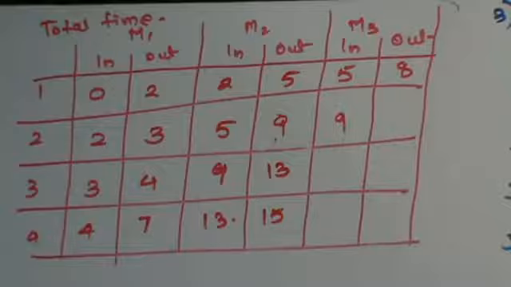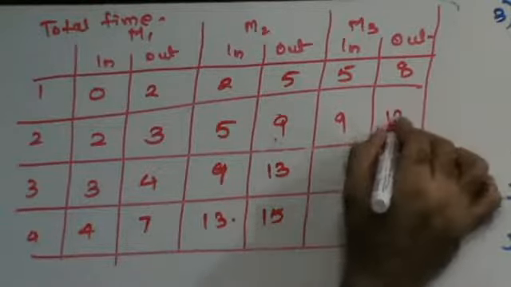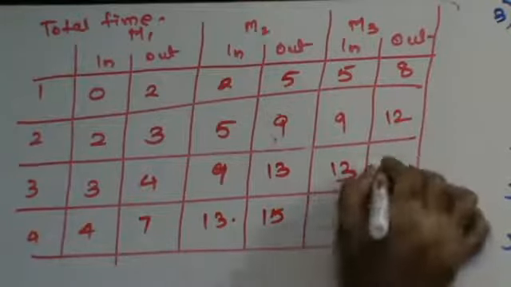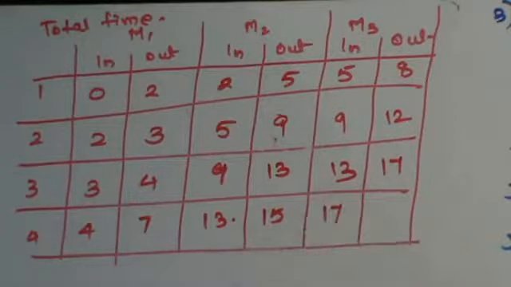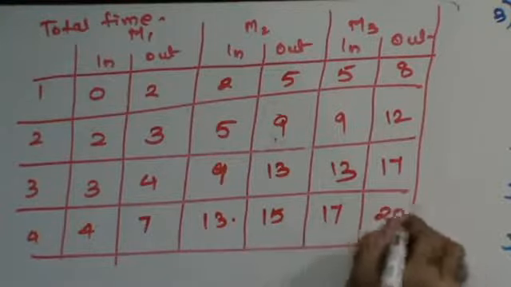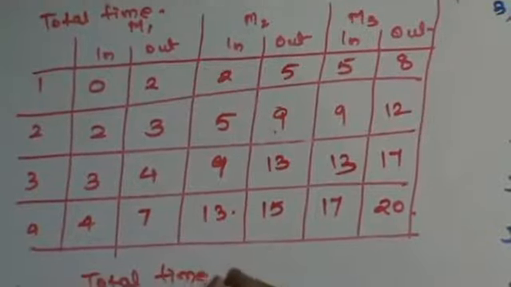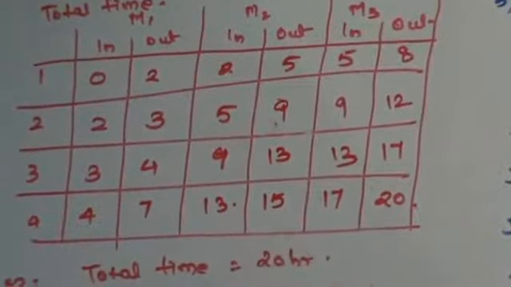Machine 2 is going to be 3, so in that case this is 12, and that will be 13. Next, machine 3 is going to be 4, so that is going to be 17. And machine 4 is going to be 3, that is 20. So total time is going to be 20 hours.